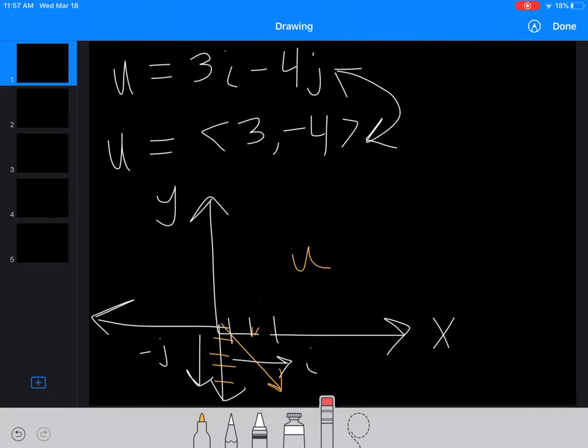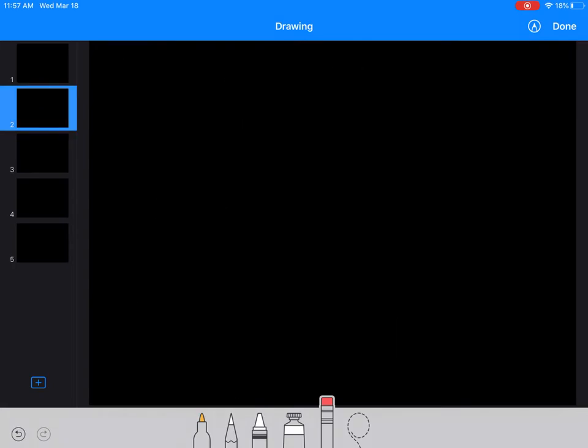So let's look at an example when we're given the notation of a linear combination, and let's figure out how to solve it. So what I always do when I solve these is just change it back to the component form to make our lives a little easier. Okay, so u is given as 2i, and I'm just going to put a hat over the i just so we know it's a vector and not the imaginary number i.